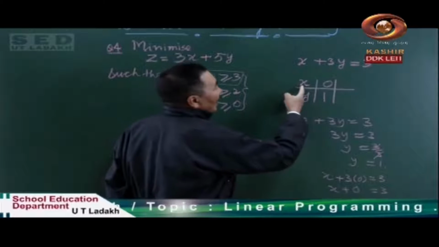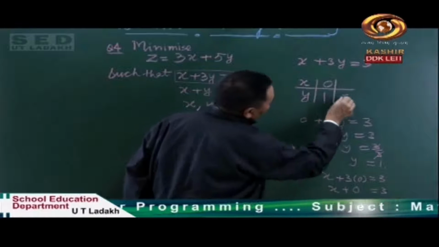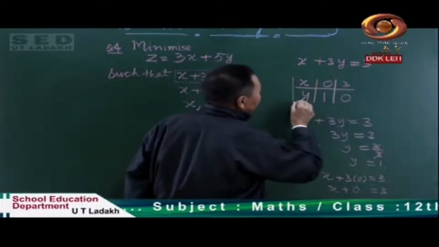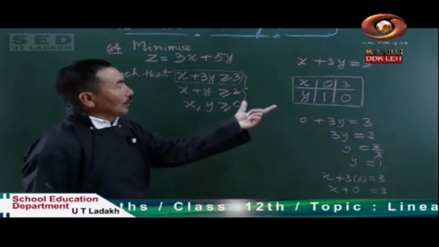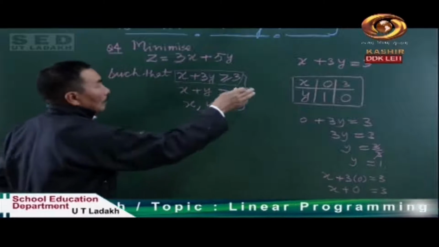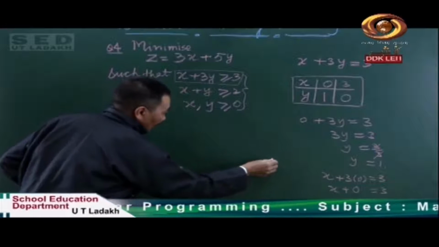So when y equal to 0, x equal to 3. So these are the required coordinate points which I am going to use in the graph. So I will plot the equation of this line on a graph.